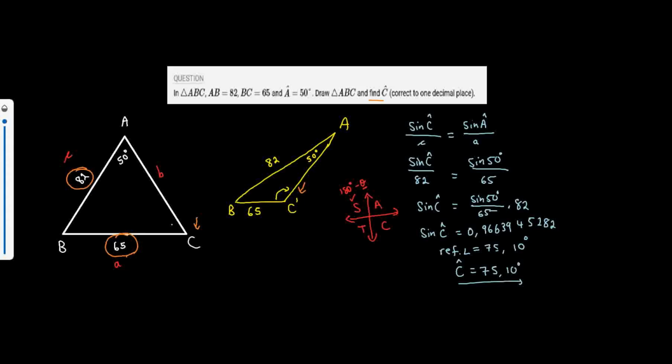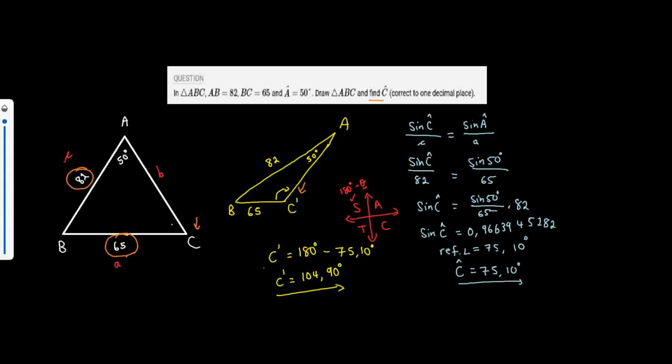So angle C prime could be 180 degrees minus the reference angle of 75.10 degrees, which will give you a nice obtuse angle of 104.90 degrees.